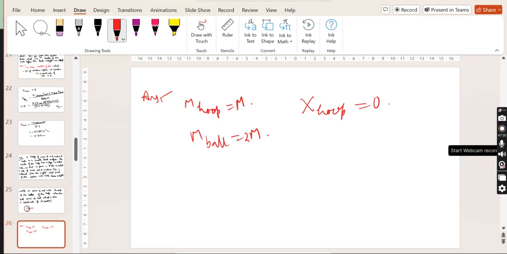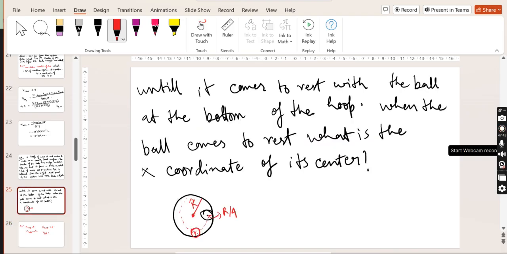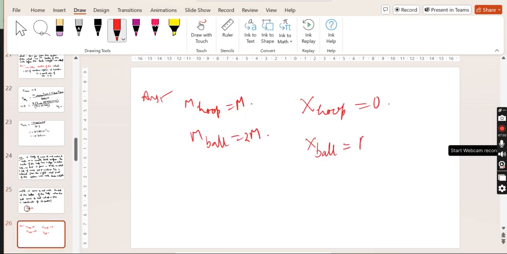All symmetric objects have their center of mass at their center. And so for the ball, the center of the ball was here. This is r minus r by 4 distance from the 0, that is 3r by 4.